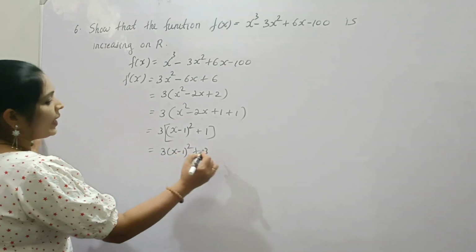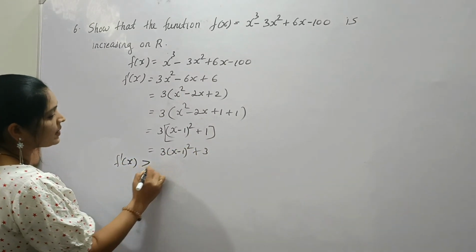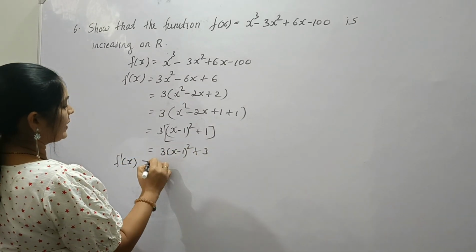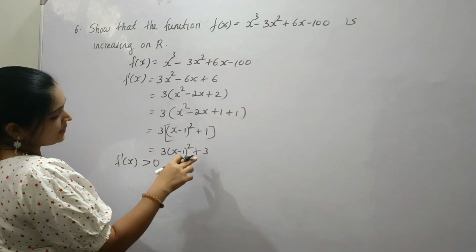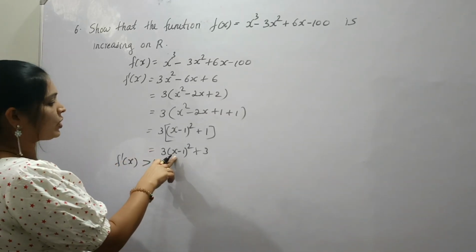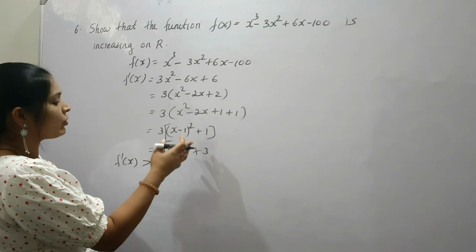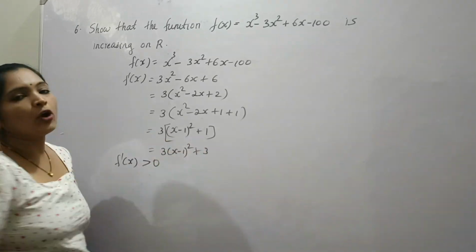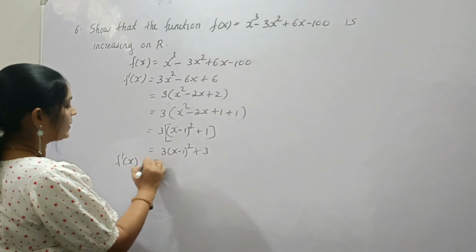So f dash of x greater than 0. Will we get equal to 0? Yes, if x is equal to 1, then x minus 1 is 0. But then we still have the plus 3, so we will not get 0 either. That is only greater than 0.